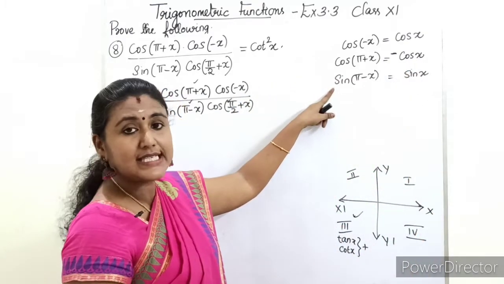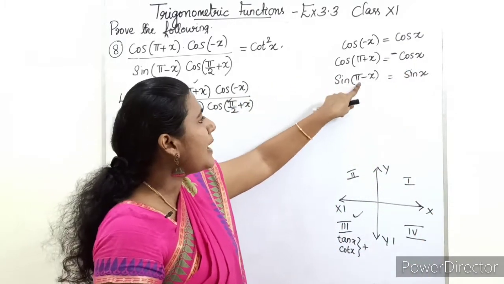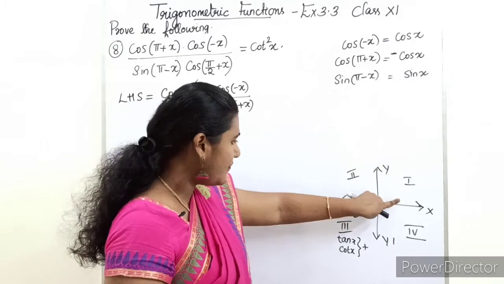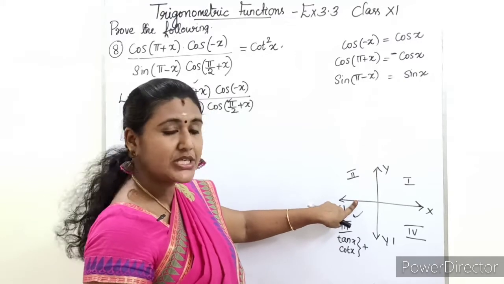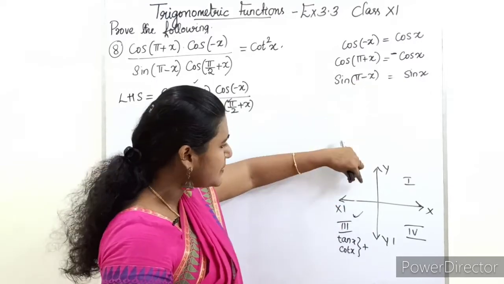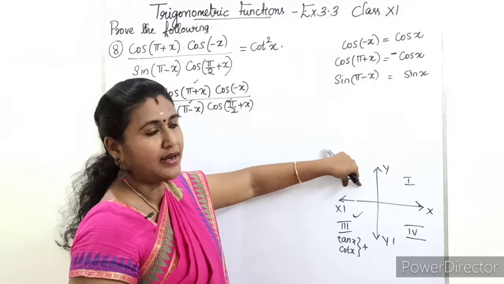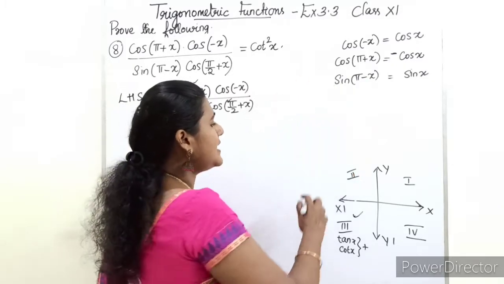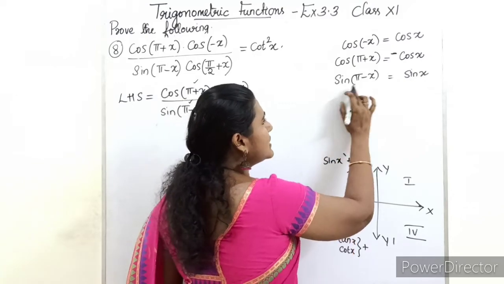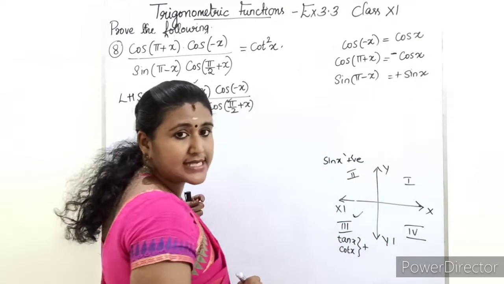Now we will see the sign of this function. Okay. Pi minus x. Pi minus x means which quadrant? If you go fully up to pi and reach here, you will get the second quadrant. Pi minus x means it is in the second quadrant. In the second quadrant, sine is positive. You know that in the second quadrant, sine is positive. So this will be plus sin x.